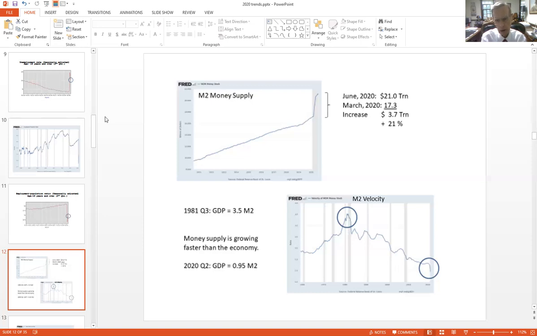So, those funds were distributed to people sometimes through their employers, sometimes directly. I'm sure you've heard in the news about the $600 payments and most recently the $300 payments.